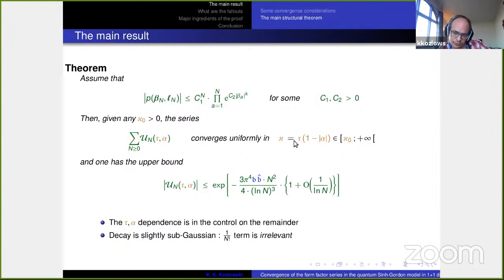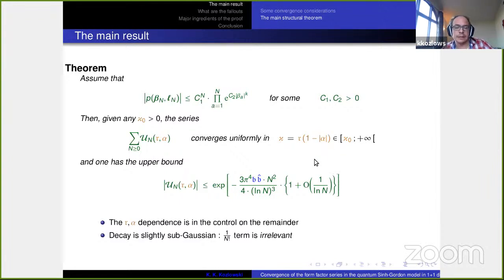And if you try to send the parameter r to 0 or alpha to 1, then the control on the remainder gets worse and worse, and you will no longer have such a nice bound. This is okay because you actually expect something to happen in the series in the limit when r goes to 0. It should have some power law blow up in r. So this is consistent with that.